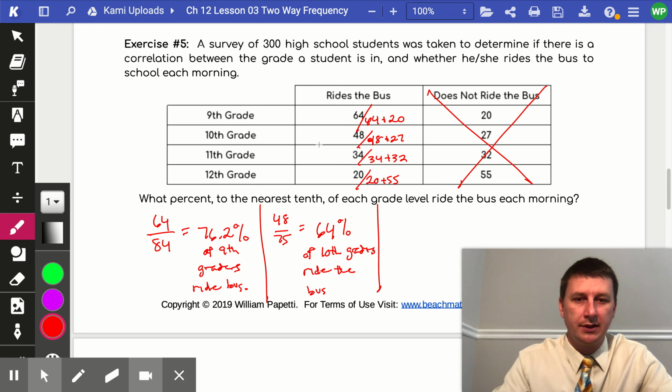And now we're going to go to our 11th graders, where we have 34 out of 34 plus 32. That's going to give us 66. 34 out of 66 would give us a percent of 51.5%. And that would be of 11th graders ride the bus.